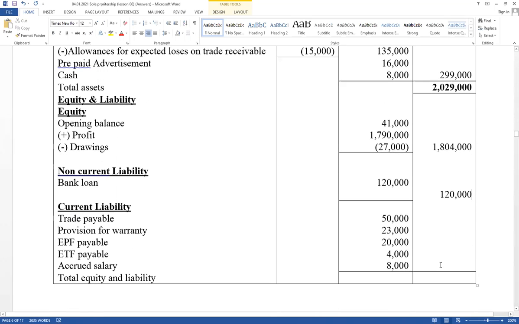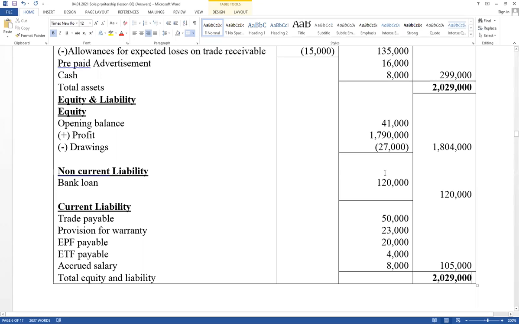And take total amount of current liability also, 105,000. Then take total equity and liability. Therefore, total amount equals 2,029,000. If it has been correctly prepared, total assets should equal total equity and liability.